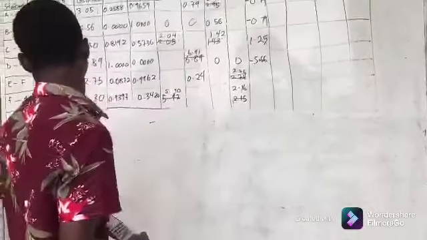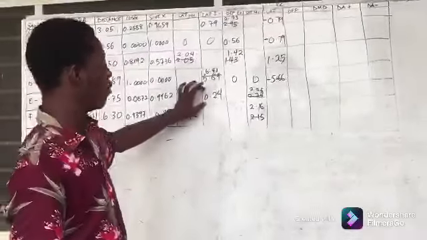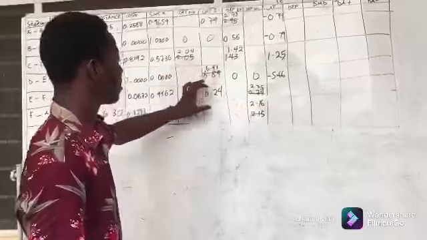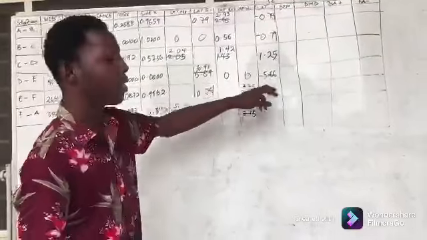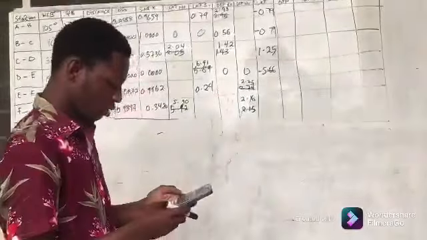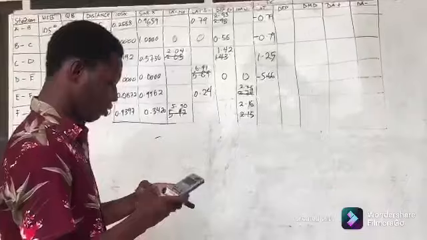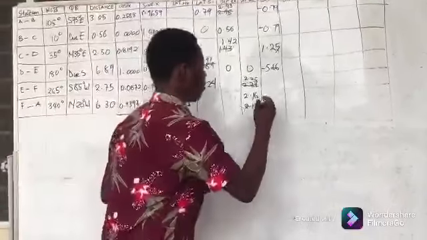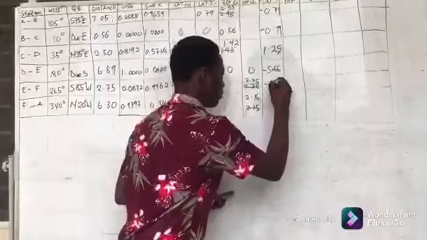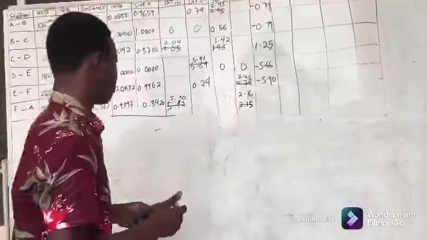With the next station, which is EF, the latitude is 0.24, and it's under the south section. So I have to subtract 0.24 from negative 5.66. So negative 5.66 minus 0.24 will give me negative 5.90.